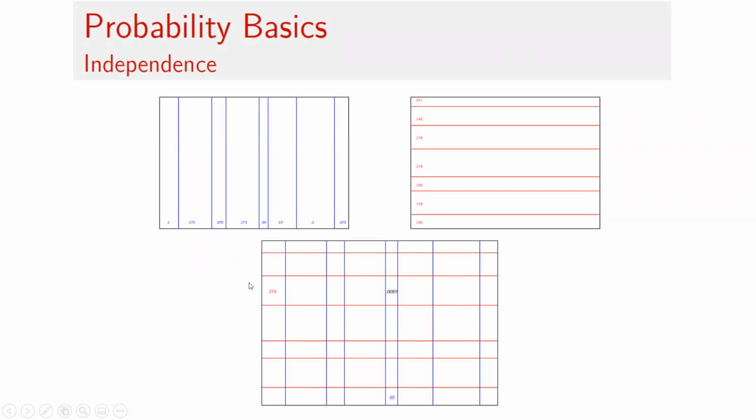So the multiplication of both values is equal to this value. So that is the probability that the dart will go to this square. But this is because both events are independent, this event here and this event here.